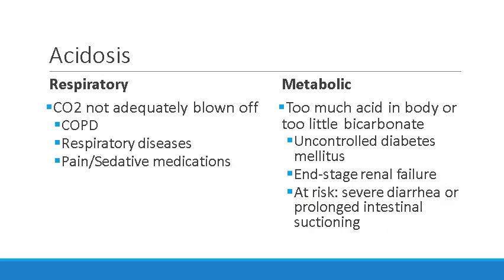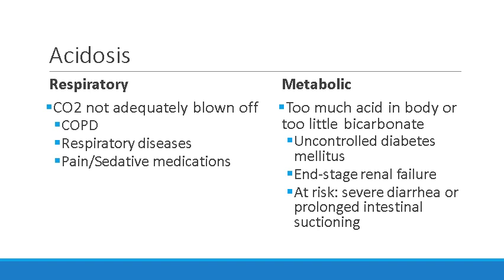Acidosis. Remember, this is blood pH that's less than 7.35. There's a table in your book, 6.4, that's really going to help you put the puzzle together here. We have respiratory acidosis and metabolic acidosis. Remember, respiratory, lungs, metabolic, kidneys.